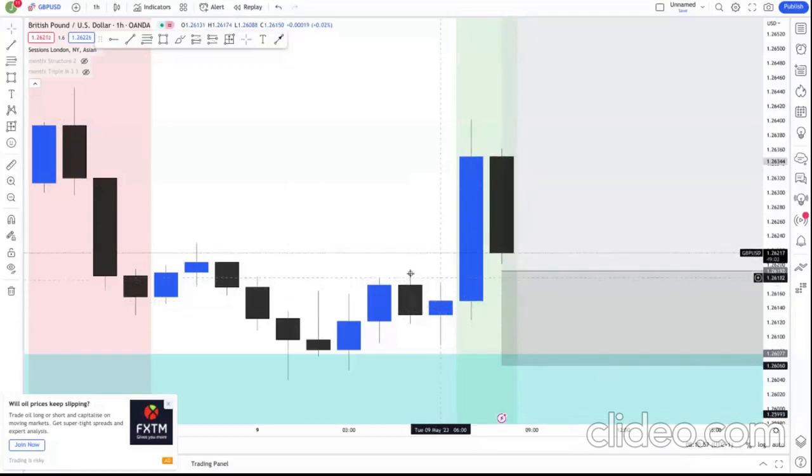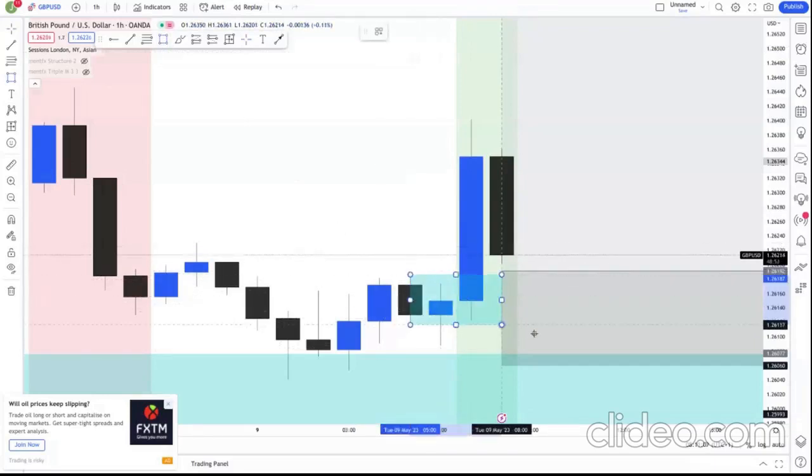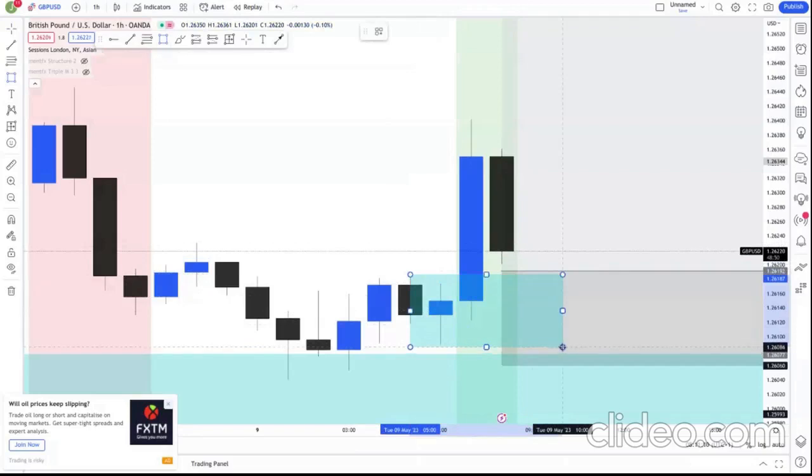So yeah, I took out this other block to trade from, also including this week.